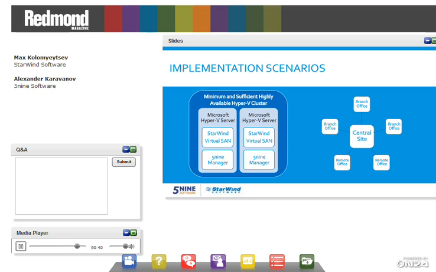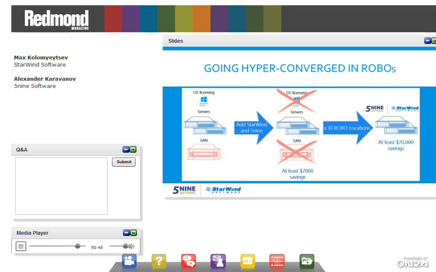We can clearly see what is available when you achieve this kind of savings. Initially, you need multiple servers, of course, OS licensing for servers and for extra servers, that's important, and for management stations, and a physical SAN to create the environment. When you add StarWind, you reduce the number of servers required to just two physical servers.